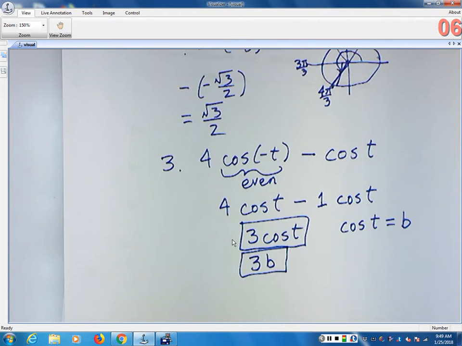All right, back to 4.3. Here we are. Right triangle trigonometry.